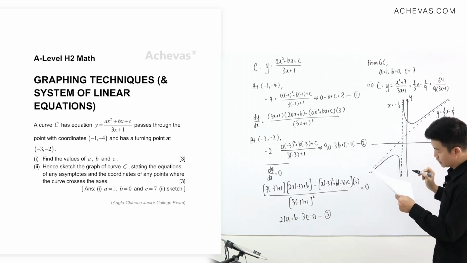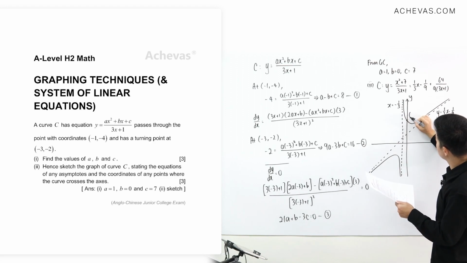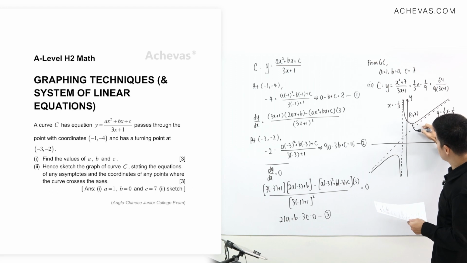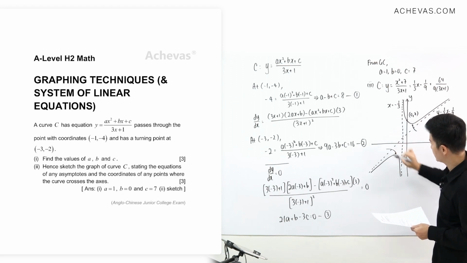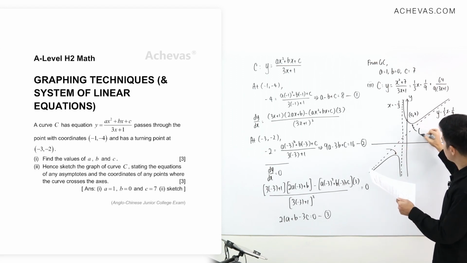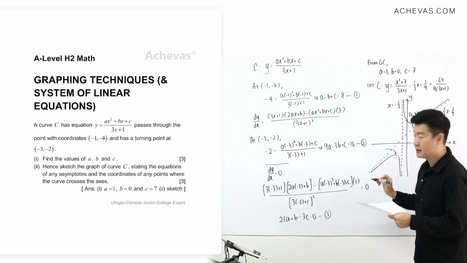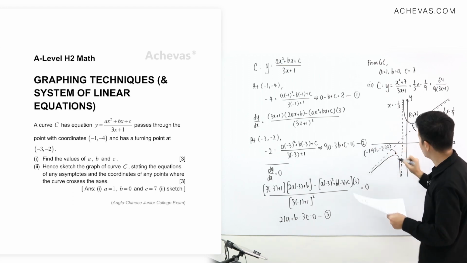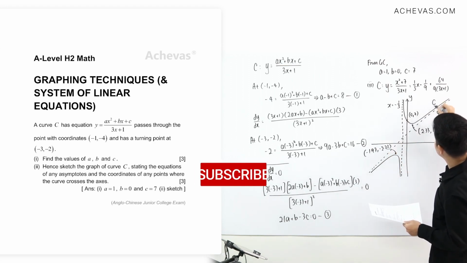Let's quote this point. When x is equal to 0, this point here will be (0, 7). And let's also quote the minimum point here and the maximum point here. From the calculator, the minimum point here is (2.33, 1.56). And the maximum point here is (-1.97, -2.22). And this is curve C.